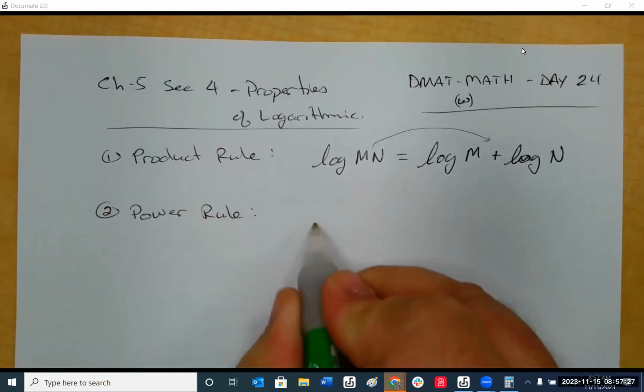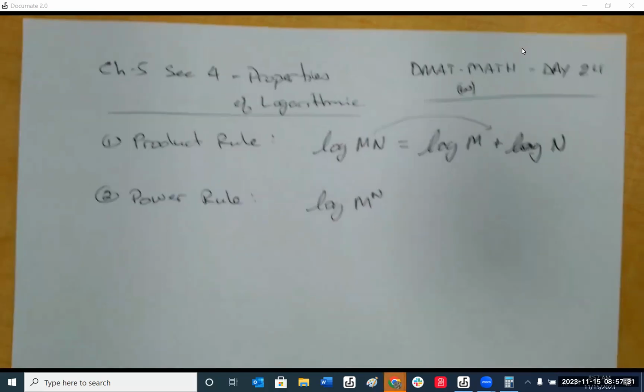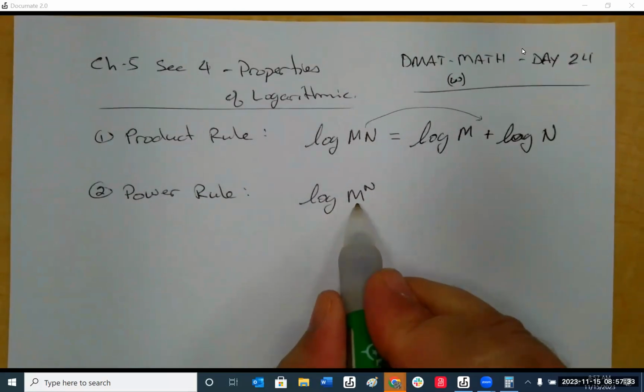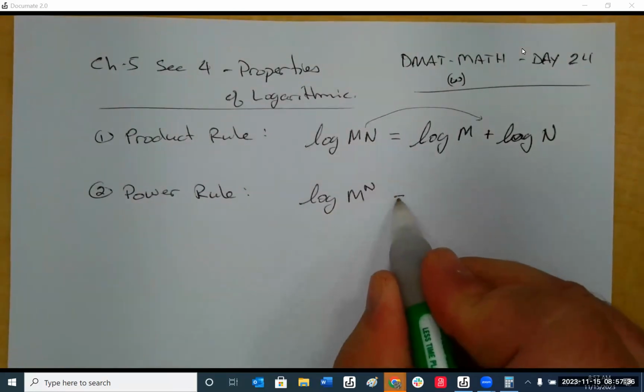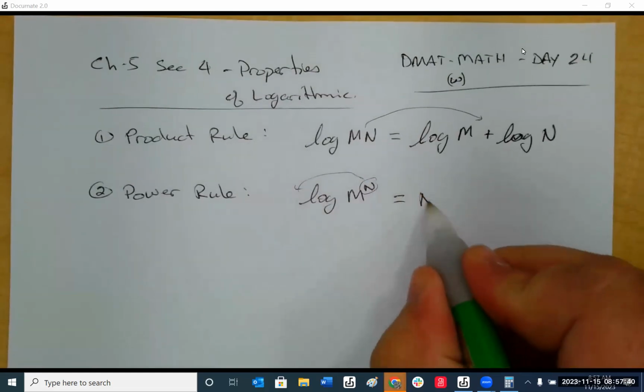The second one is the power rule. If you take the log of a number to a power, that power goes in front.